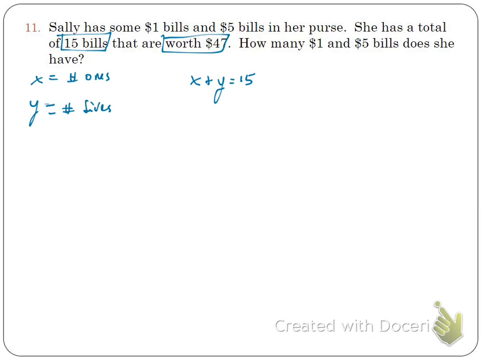We know that. Now, we also know that the worth of those 15 bills is $47. So how do we get to that $47? Well, we would count the number of $1 bills and multiply by 1, because that's how much they're worth. And the number of 5s, we'd count those up and multiply by 5, because that's how much they're worth. And so there are your two equations.